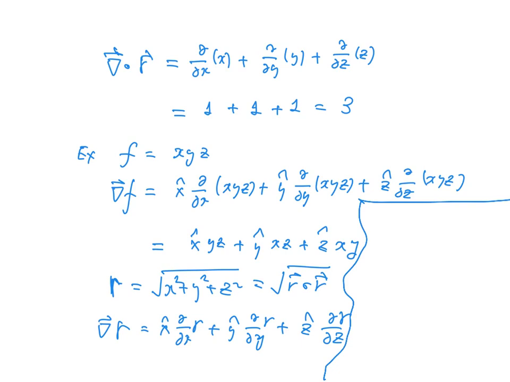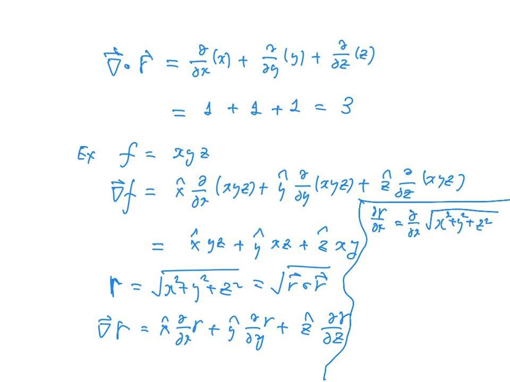Let's say partial r over partial x, which is partial over partial x of the square root of x squared plus y squared plus z squared. Anybody learn the chain rule in the spring semester, right?